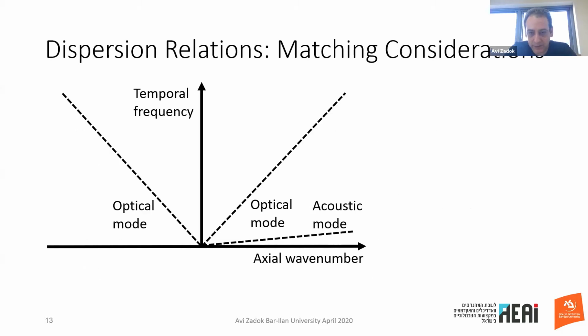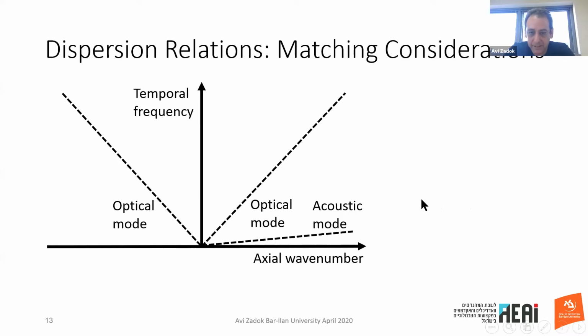In order to illustrate these modes and find them, I'm using a diagram that we use often in nonlinear optics and optics in general. It is called the omega K diagram, or dispersion relations. What I'm plotting here on the vertical axis is frequency omega, and on the horizontal axis, the axial wave number K in the direction of propagation.